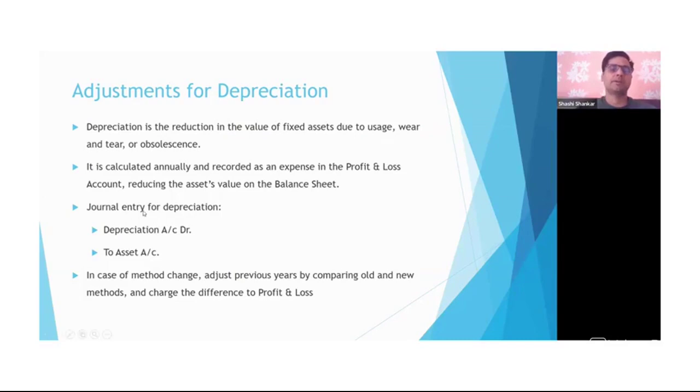That is nothing but the written down value of the particular fixed asset. Now, talking about the general entry, how it is passed: depreciation account debit, to asset account. Why is depreciation debited? Because it's a kind of expense, so debit all expenses and losses. In case of a method change, as I mentioned earlier, adjust previous years by comparing the old and new method and charge the difference to profit and loss.